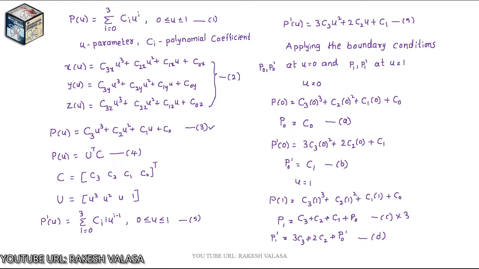You can see here c1 means p naught dash, so substitute p naught dash in the place of c1. First one is p1 equal to c3 plus c2 plus p naught dash plus p naught.